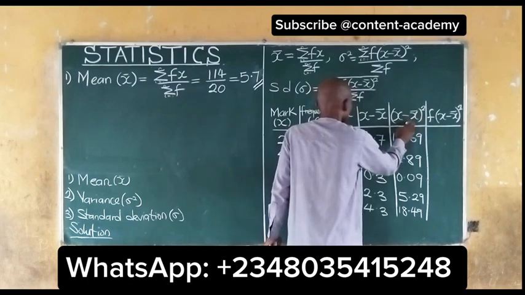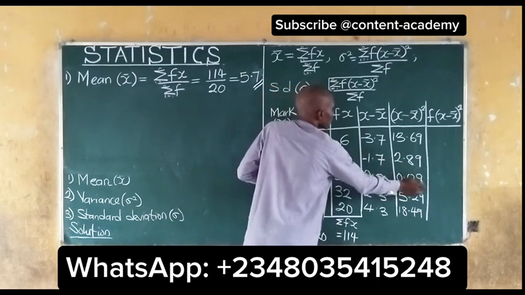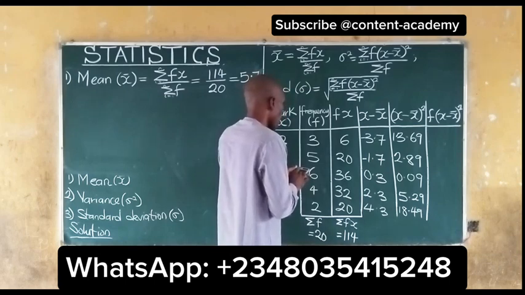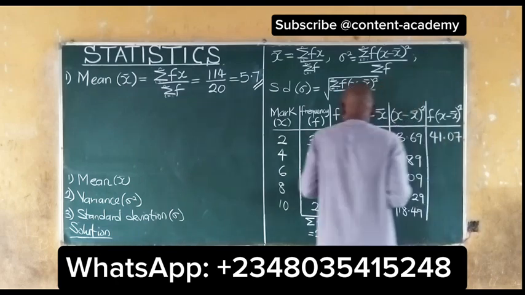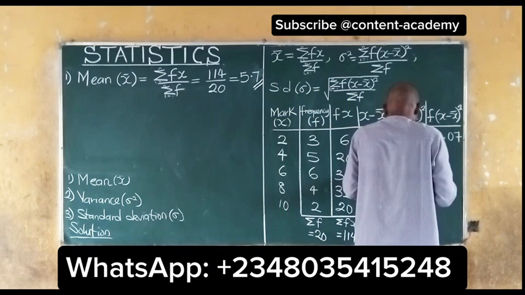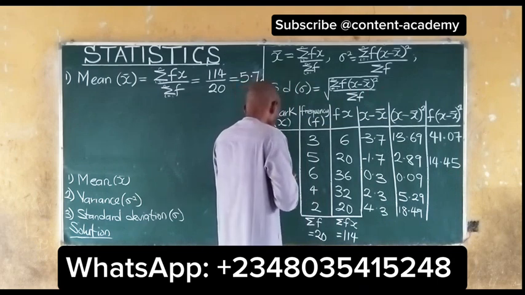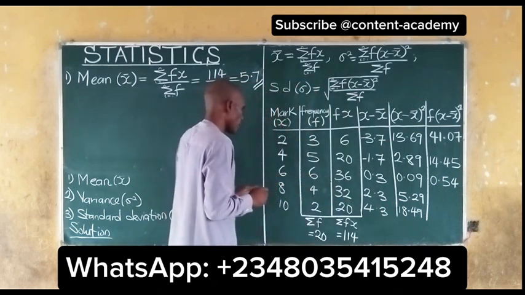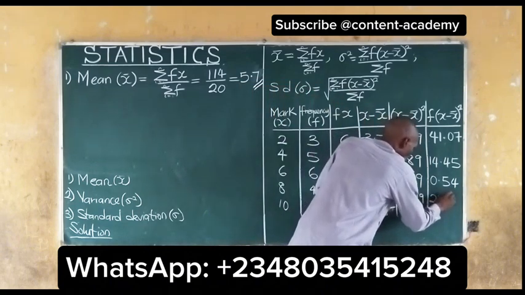The last table we produce is f multiplied by x minus x bar squared. So we multiply each f value by what we have here. 3 multiplied by 13.69, we have 41.07. 5 multiplied by 2.89, we have 14.45. 6 multiplied by 0.09, we have 0.54. 4 multiplied by 5.29, we have 21.16.